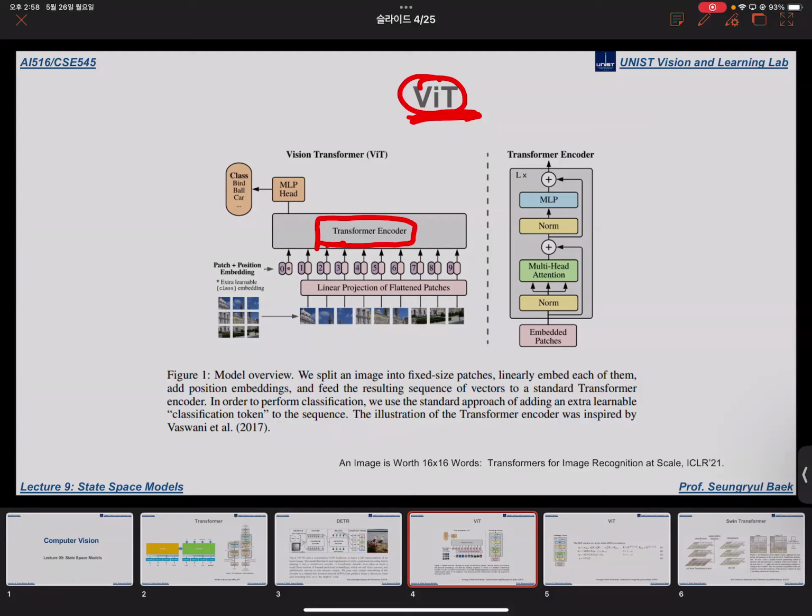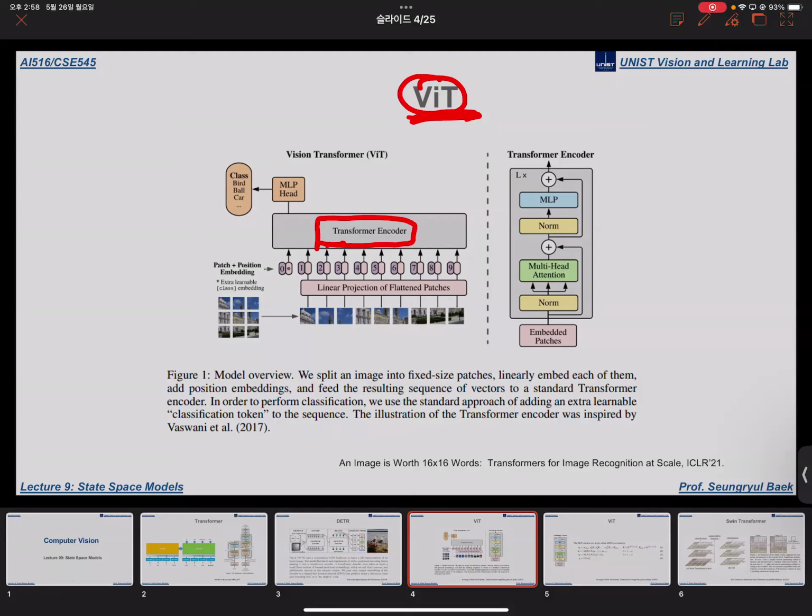If there are P patches obtained from the image, then we actually supply P plus 1 tokens to the transformer encoder. One is reserved for this class token.